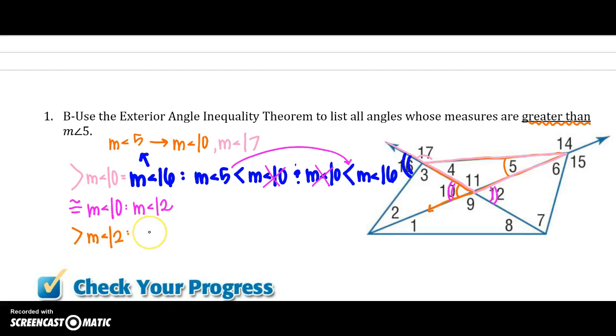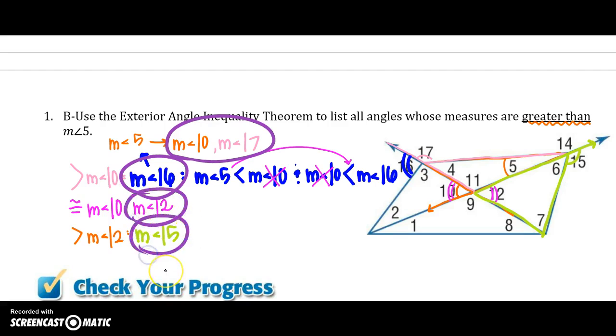We can say 15 and 12. Need to use a different color so we can see it stand out. 12 can be considered that remote interior angle to the measure of angle 15. So what angles do we have? We have 10 and 17. We have 16, 12, and 15.